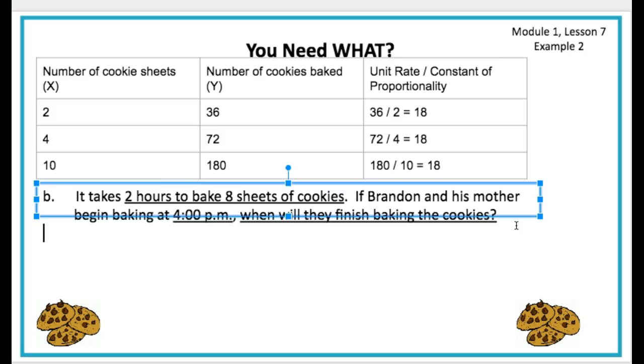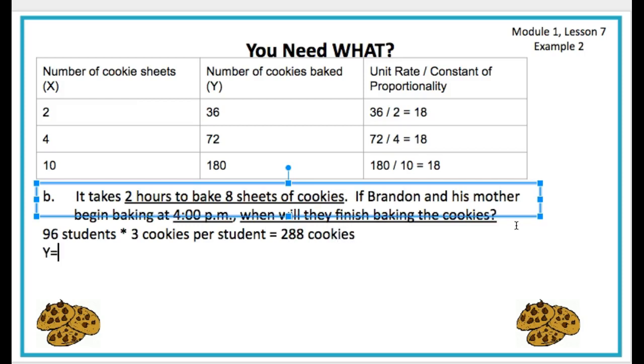Well, let's take a look at the information we know. We know that we have 96 students who each need 3 cookies, so 3 cookies per student, and that gives us a total of 288 cookies.